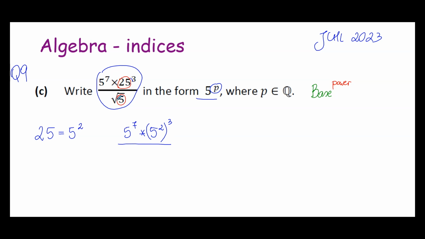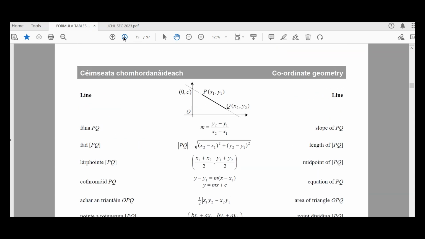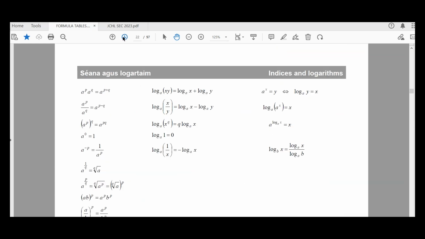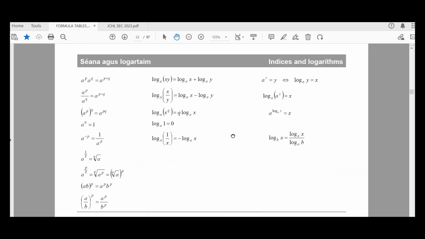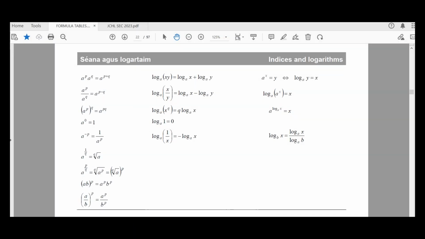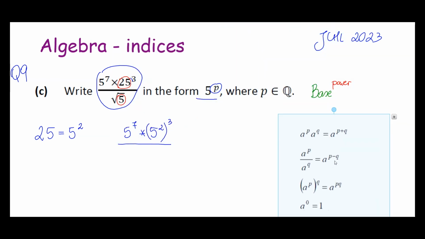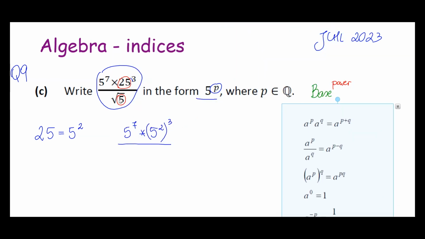Now, the bottom of the fraction, what can I do with that? When you have a question involving powers, in your table you have formulas that help you to deal with them. And how do we use these formulas? Basically, we use them to replace what is written in one way to write it in a different way. That's what we do.